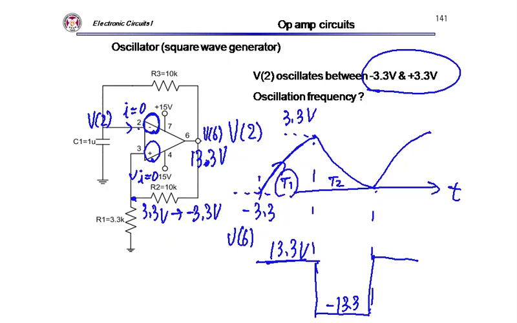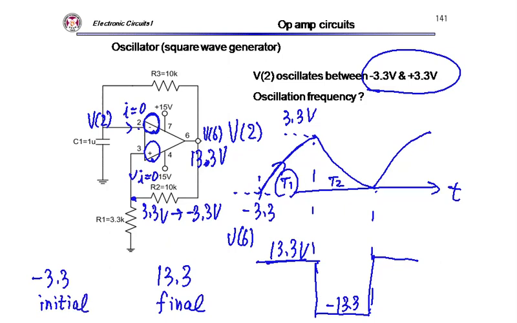For this T1, this waveform is what? Initial condition. And the initial condition is here. Final value is what? 13.3 volt. Okay, that's the final. This is initial.